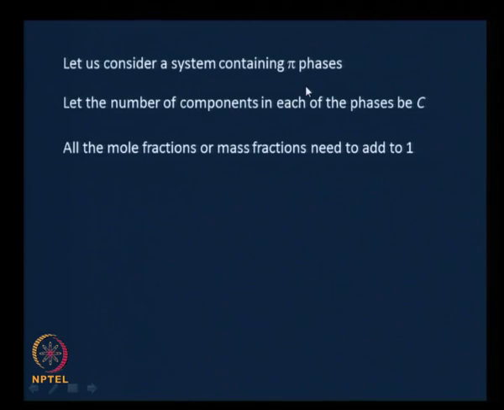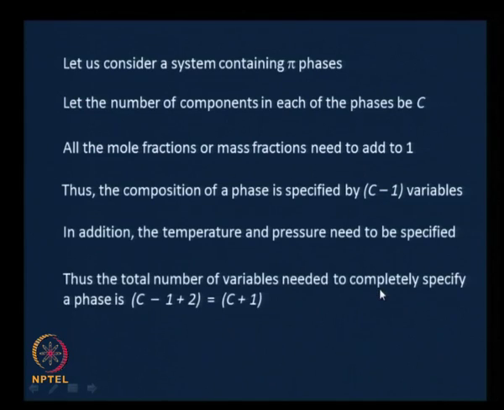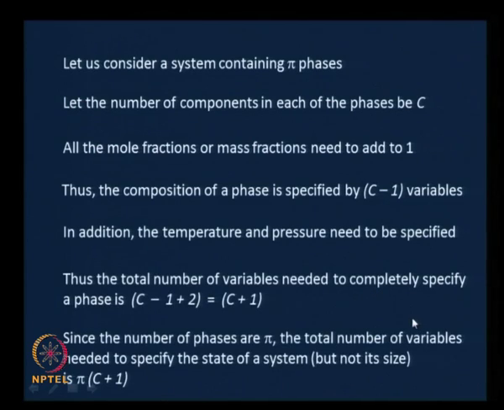If the system contains pi phases, solid, liquid, vapor and so on, or it could be liquid 1, liquid 2 and so on and so forth, and if for simplicity we say solid, liquid, vapor phases, and the number of components in each phase is C, then we said that the number of variables needed to specify the state of the system is pi into C plus 1.